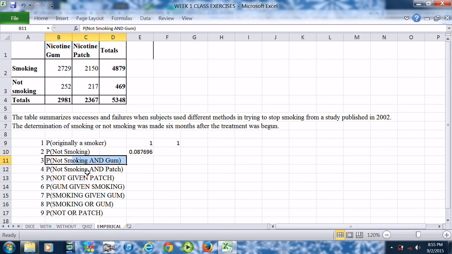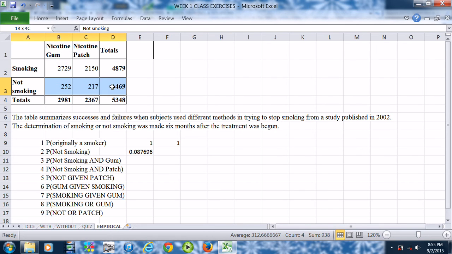How about the probability of not smoking and tried to quit using the gum? Well, this here is an and problem, and when you're working with a two-way table, and problems simply involve finding the cell that is at the intersection of the mentioned row and column. So we're looking for someone not smoking, so we're in the not smoking row. Also looking for those who used gum, so we're in the nicotine gum column.